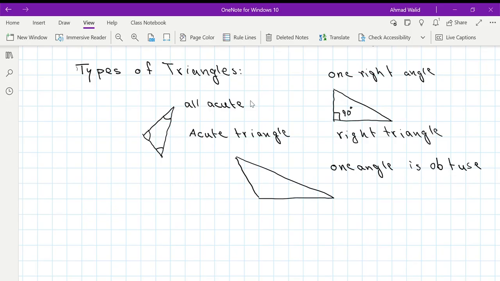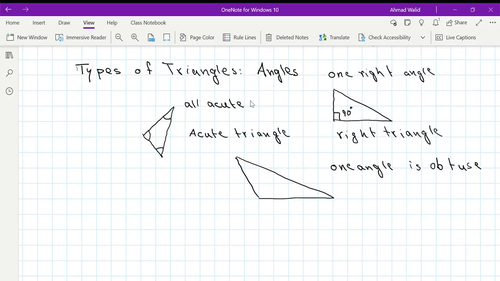We call this one an obtuse triangle. Correct? Also, here you name the triangles based on their angles, correct? We name them based on which type of angles they have.